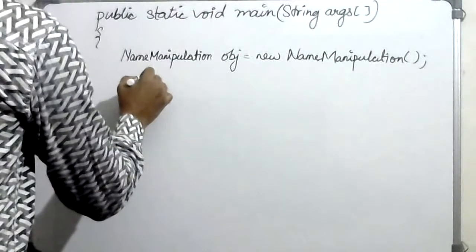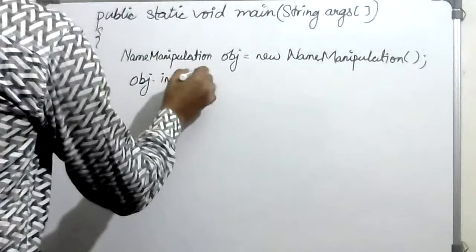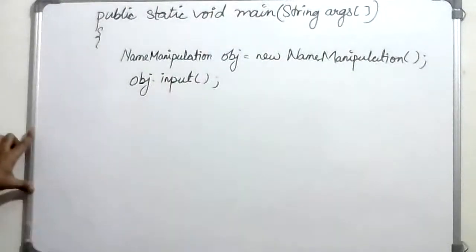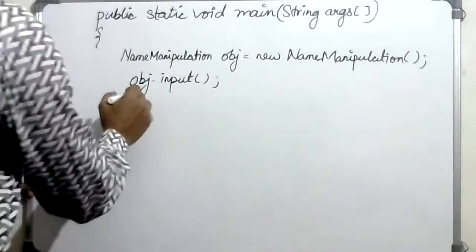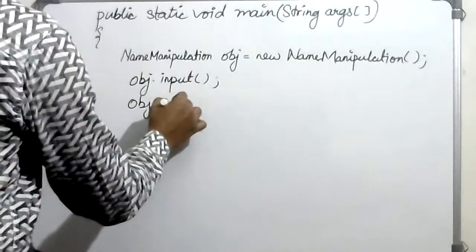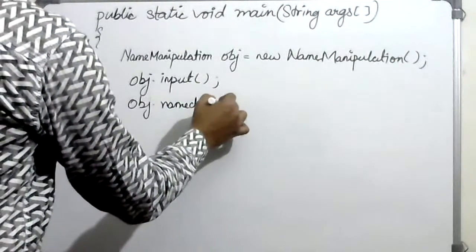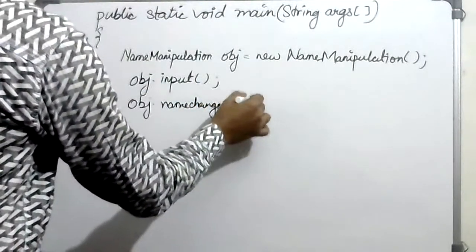Now we'll use the object to call the functions. The first function that we will call is input, to take a name as an input from the user. The second function that we'll call successively is the name changer function, which will modify our name and display it.